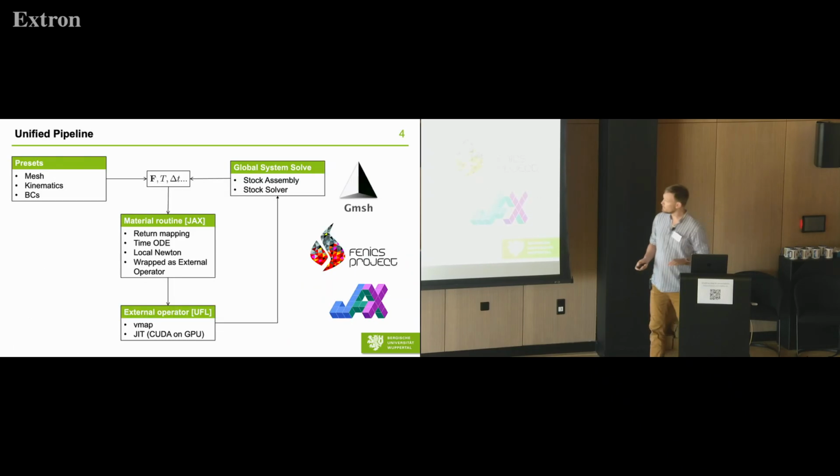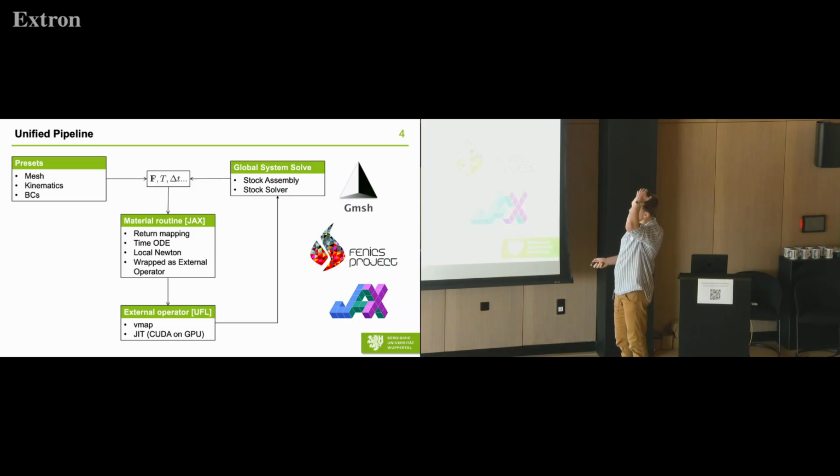Now, how does this work? Typically we start with some mesh, kinematics, boundary conditions, your typical input. We write our material routine in JAX, everything you can think of: return mapping algorithm for plasticity, time integration, local Newton iterations.